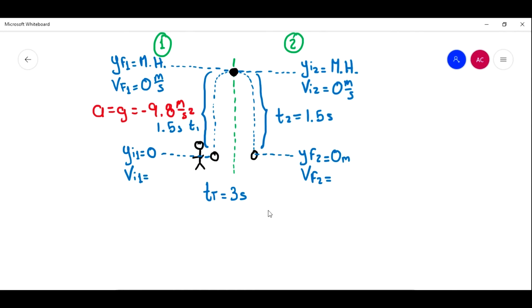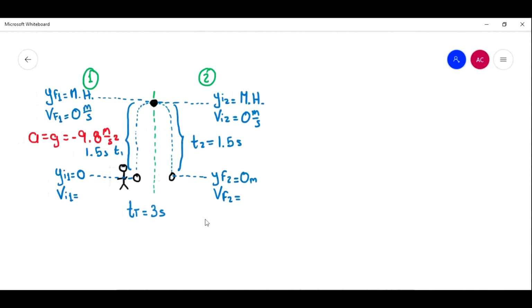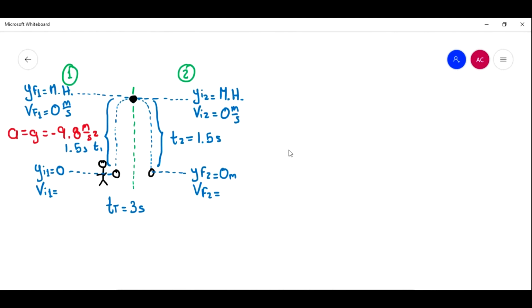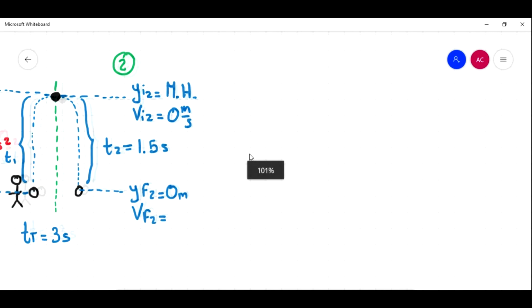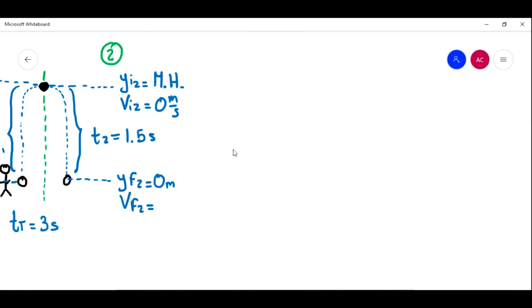I don't have to write again all the data. The only thing that I'm going to do next, I'm going to do it over here. I'm going to write the equations that I have. That is acceleration equals final velocity minus initial velocity over time.